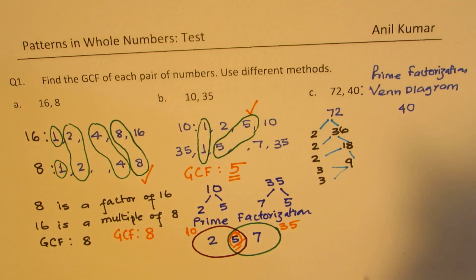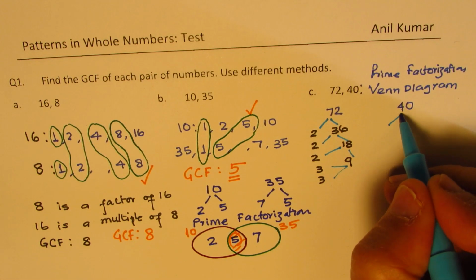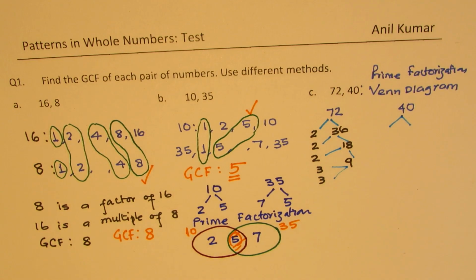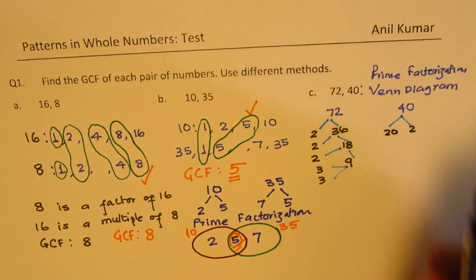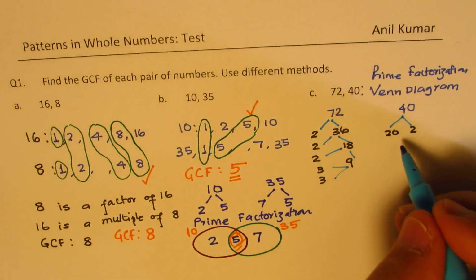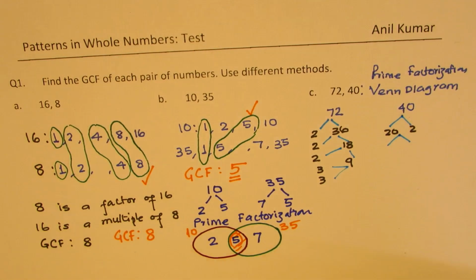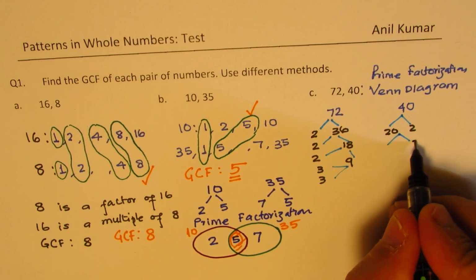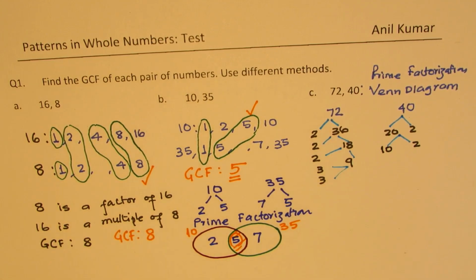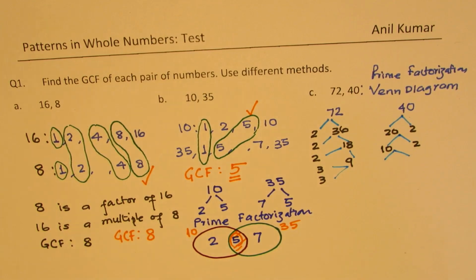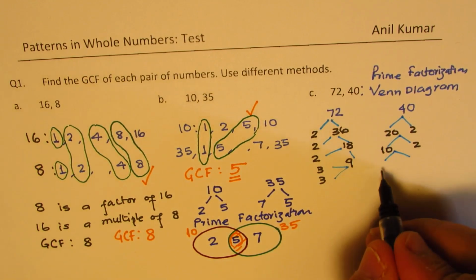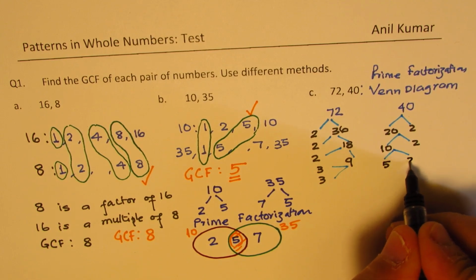Let us do the same for 40. Correct? So as far as 40 is concerned, we know 2 times 20 is 40. And then 2 times 10 is 20. So if I write like this, I kind of organize as I move. So this is a neat technique, right?